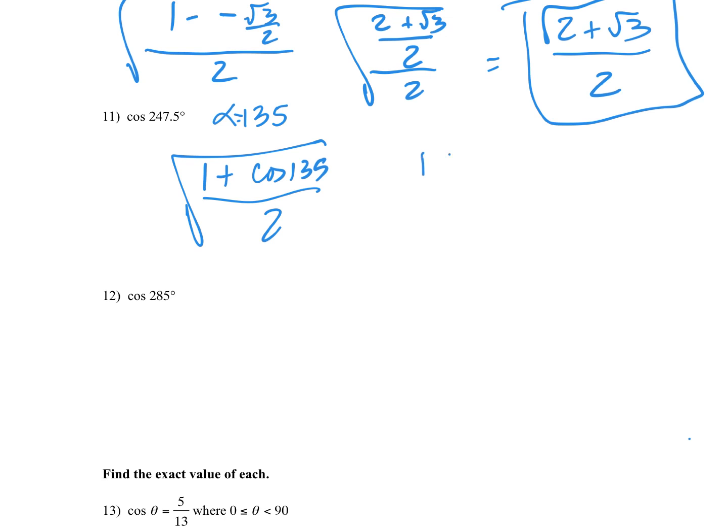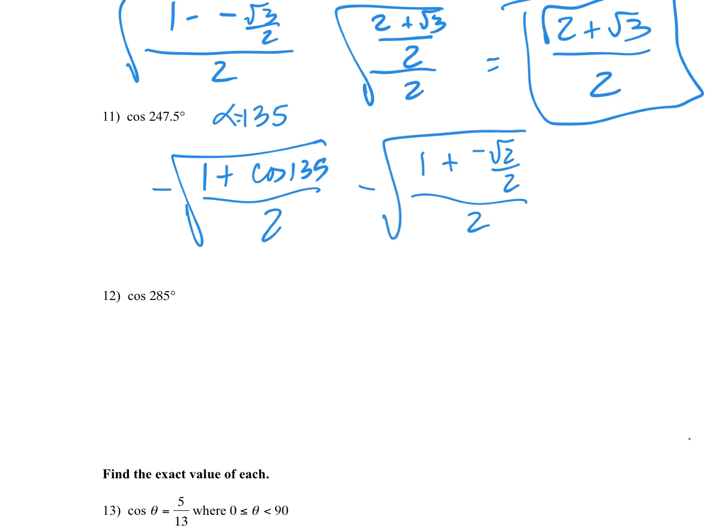So we've got 1 plus cosine of 135, which is negative root 2 over 2, all over 2. And remember, 247.5 is in the third quadrant, so we know the answer is going to be negative. So we're going to go ahead and put that negative there.